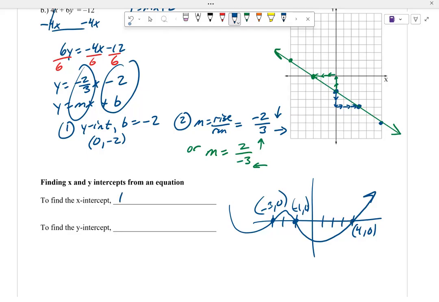So to find the x-intercept, we're going to let y be 0. I like to do a table of values like this and say, to find an x-intercept, I'm going to let y be 0, right? Whereas the y-intercept, where it crosses the y-axis here at -3, to find a y-intercept, on the other hand, I'm going to let x be 0.